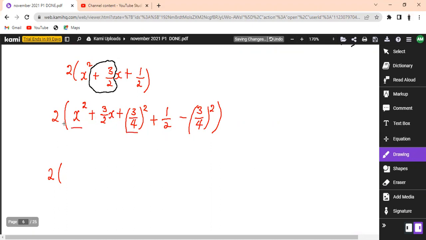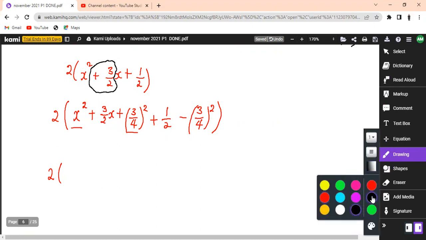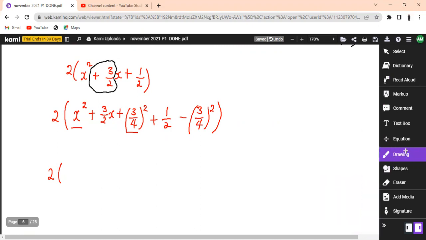So I'm just going to work with those two, because we have to work with this part that has x squared and the 3 over 4 squared. Taking these two, we are left with x plus 3 over 4, everything being squared. All right.